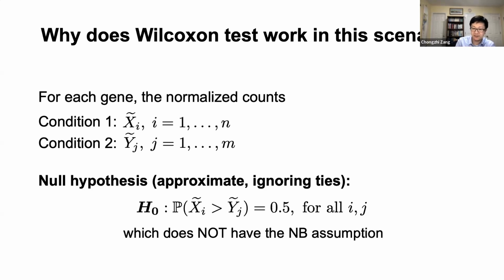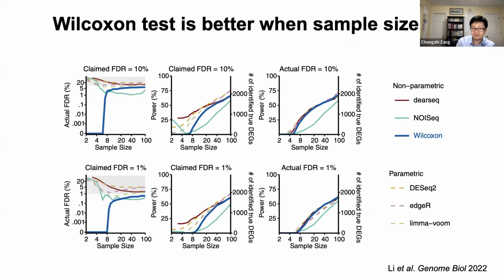So that's a non-parametric hypothesis test, and it's much simpler than the complicated parametric test. And this Wilcoxon test does not have the negative binomial distribution assumption.